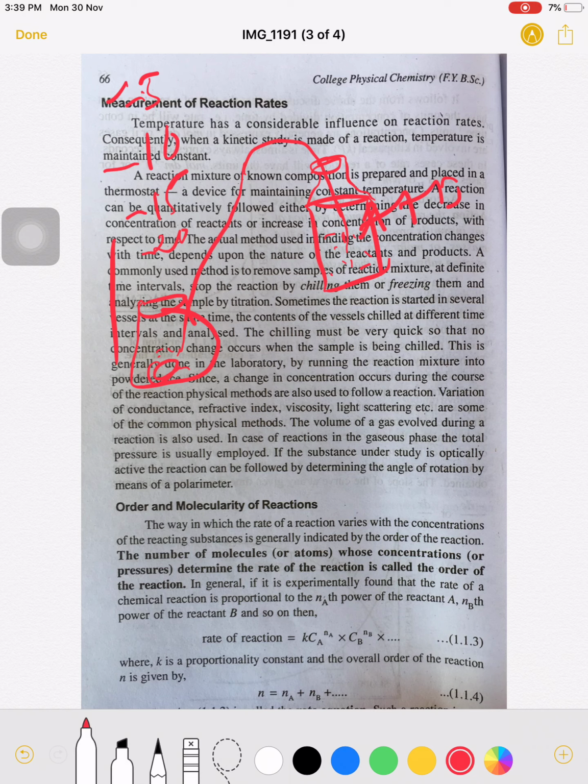After 5 minutes the reading is different, after 10 minutes the reading of the reaction mixture is different. So after certain time interval all the mixtures are taken and titrated with the chemical which is taken into the conical flask. So this is the simple method for determining the rate of reaction. Now see here what happened after that.